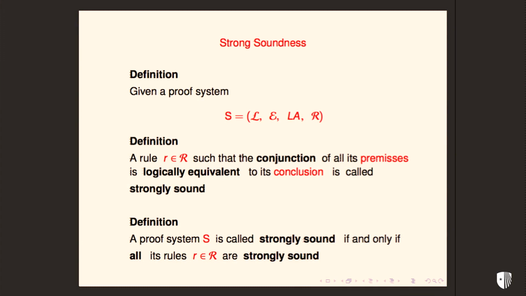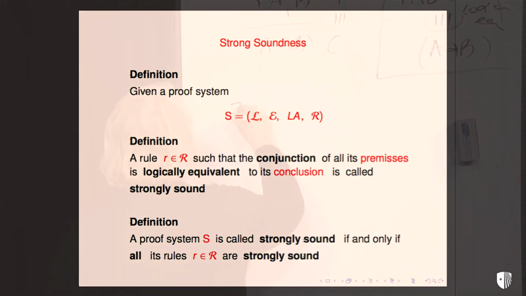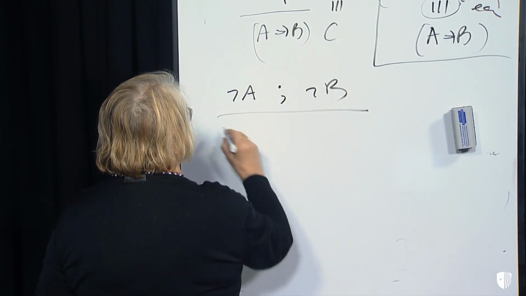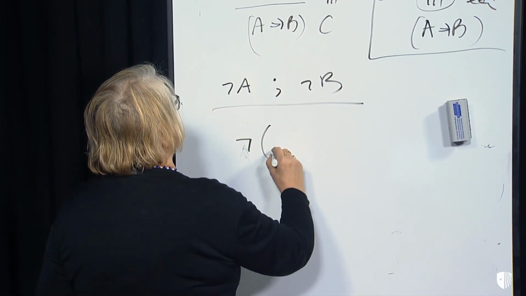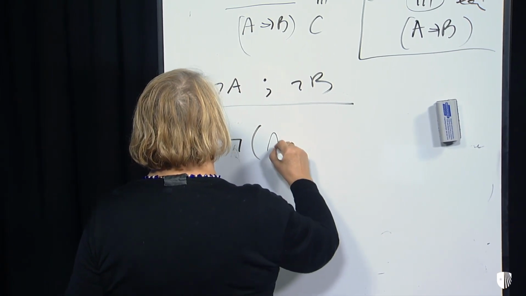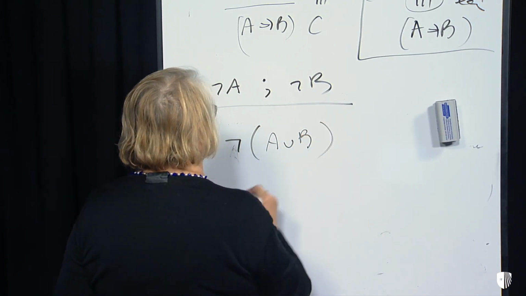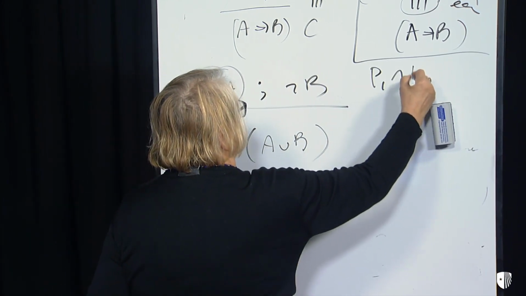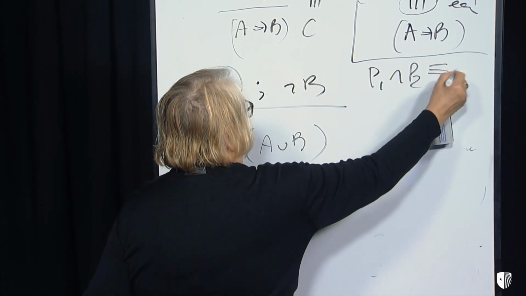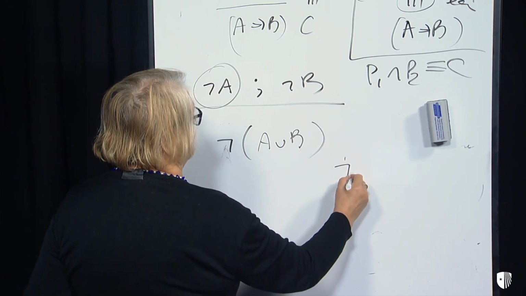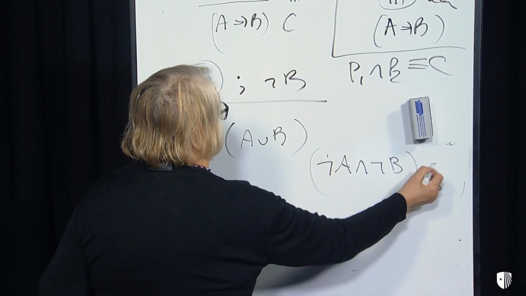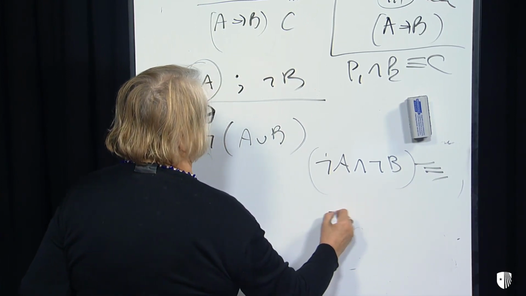In our system you have, for example, premises ¬A and ¬B, and the rule would conclude ¬(A ∩ B).